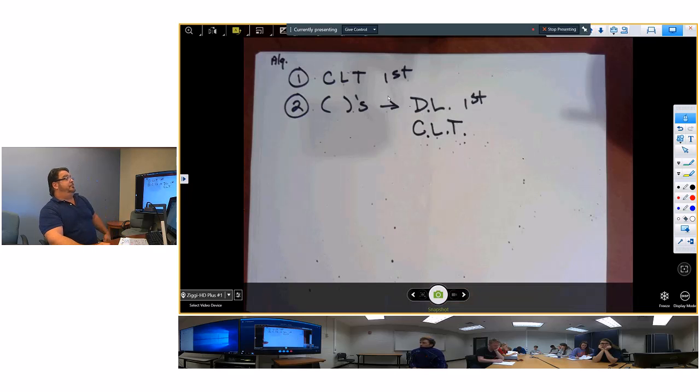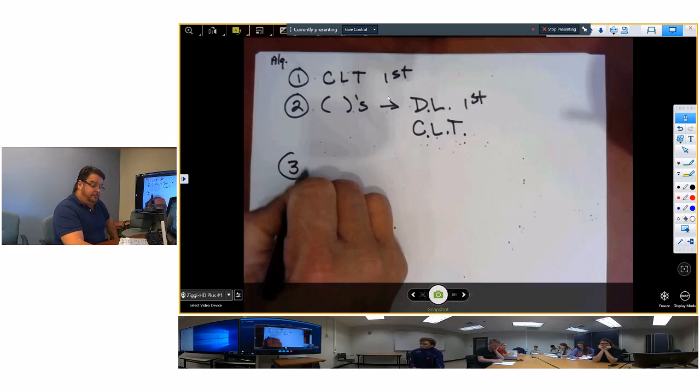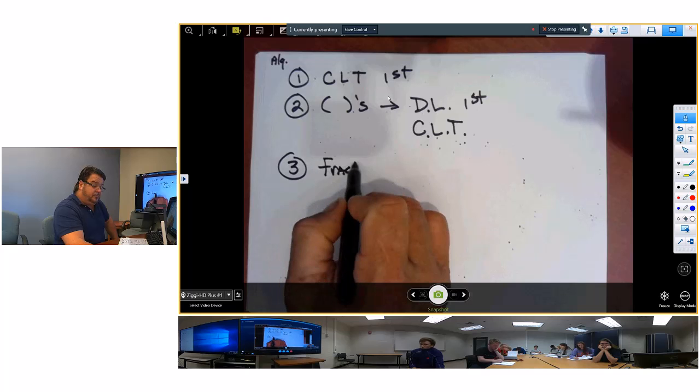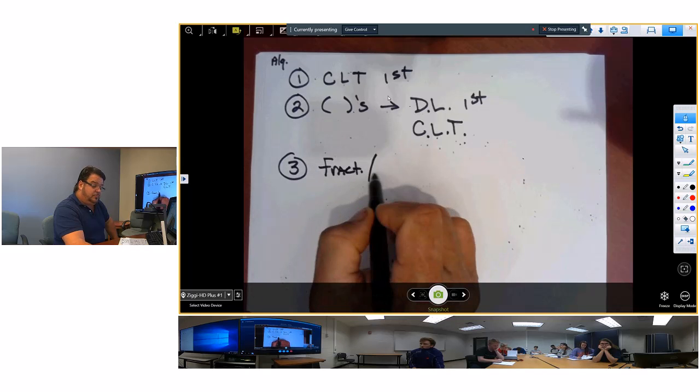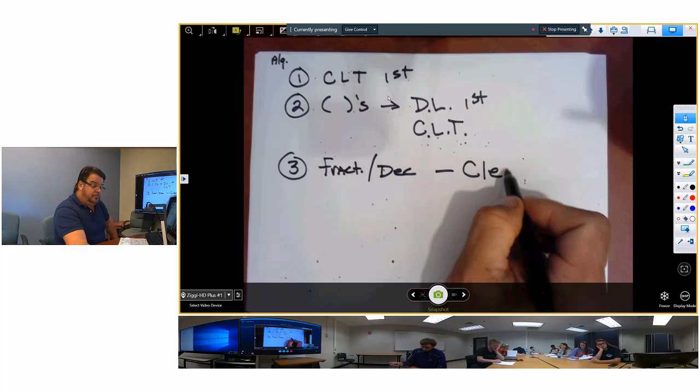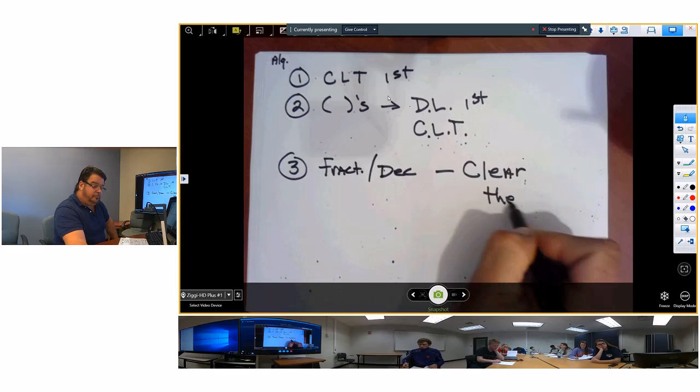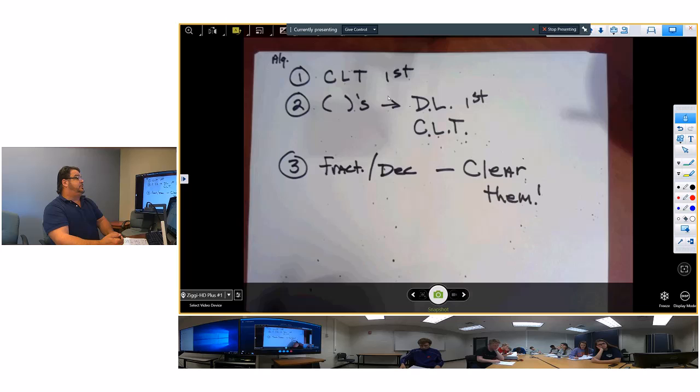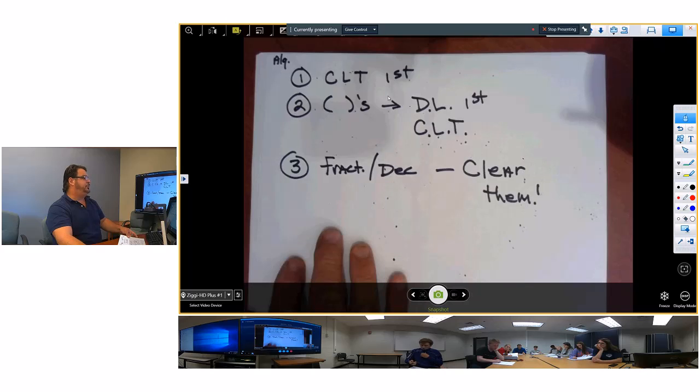Like terms. 3. If you have fractions or decimals, what should you do? Clear them. Then worry about the distributive law or the combining like terms rule. And that's your little bit of an Algebra 1, Algebra 2 review.